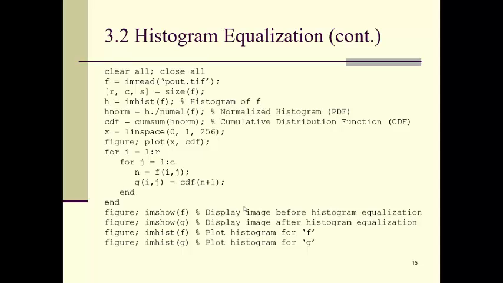Okay, let's look at this code here. Maybe things will be clear. First of all, before proceeding, do you have any ideas how to enhance the contrast of the image using the CDF?